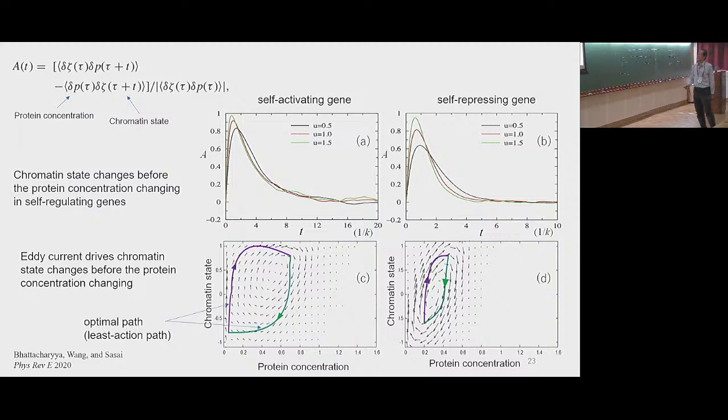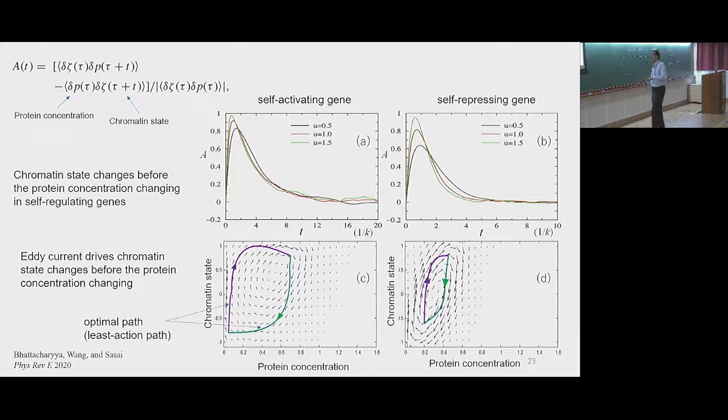An interesting thing is the direction of this current, so that the nonlinearity of this system determines the current direction, and this suggests the chromatin state change takes place fast, and then the protein concentration change follows.